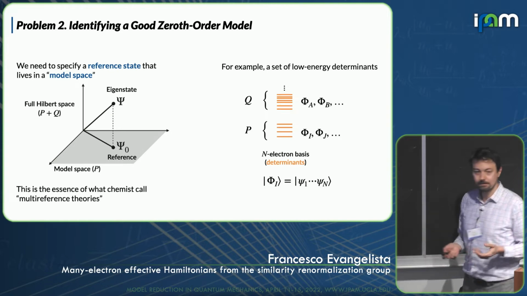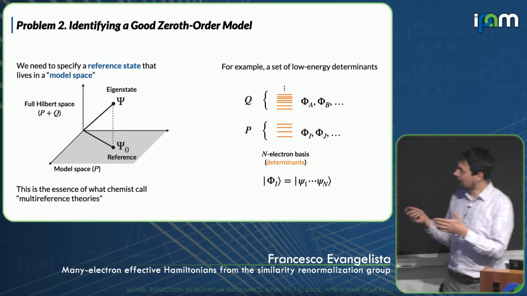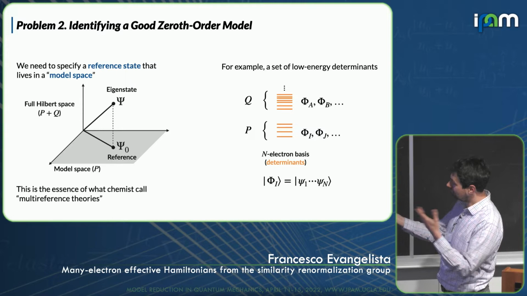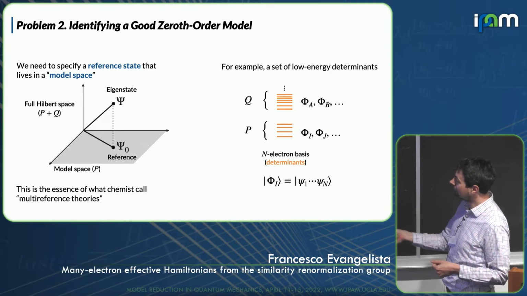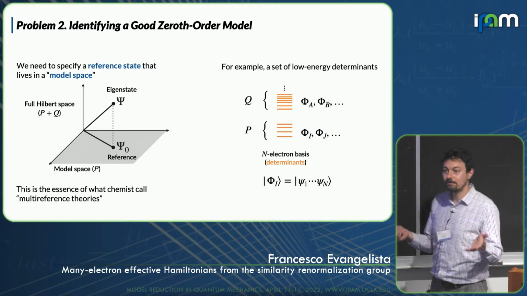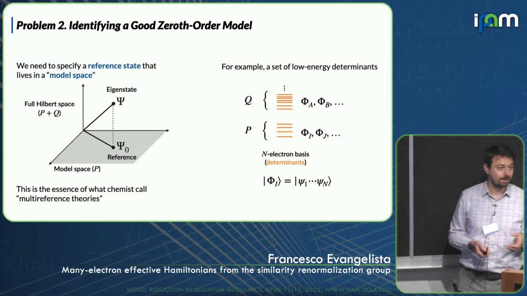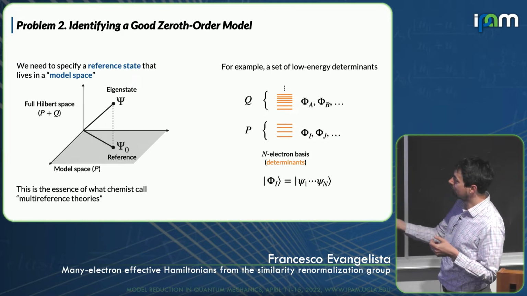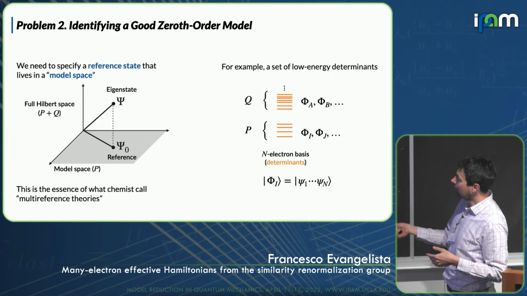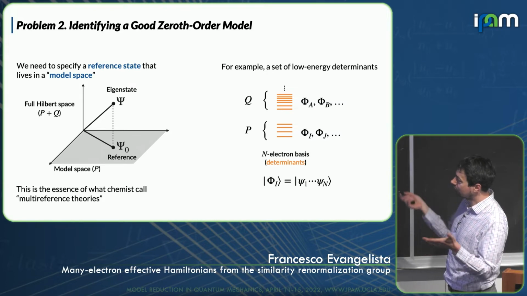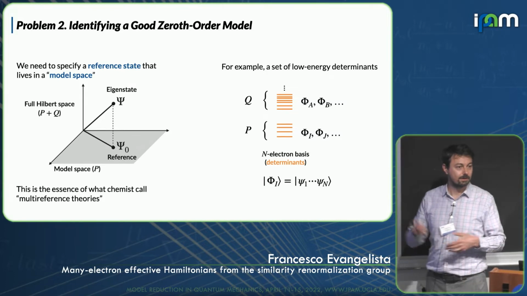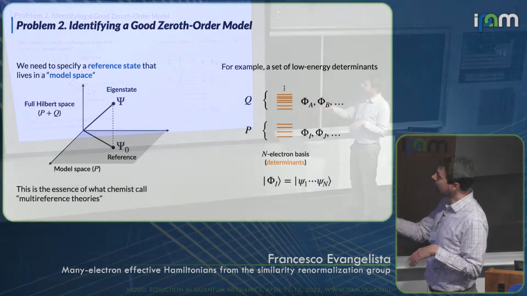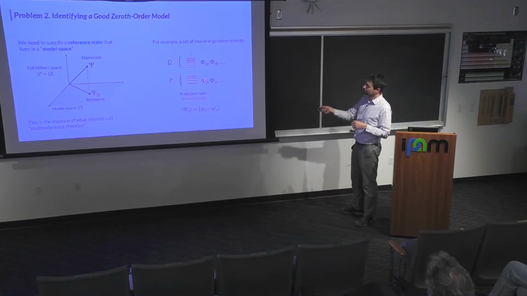So one way to do this is to now go to the many-body basis of determinants and say, well, let's say I want to describe the low-energy physics. So I might pick P, this model space, to be the low-lying determinants. And then the high-lying determinants are going to be living in Q. And I'm going to eliminate these and create a model that lives in this space.